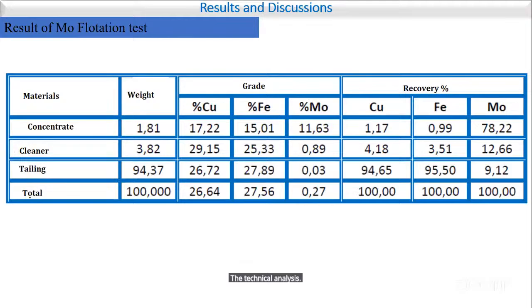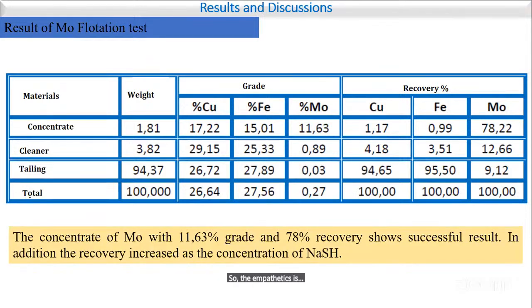For our flotation result, we see here we are over 78% of our molybdenum with grade 11.78. The important thing is that when we use more concentration or more quantities of NISH, we get more recovery.